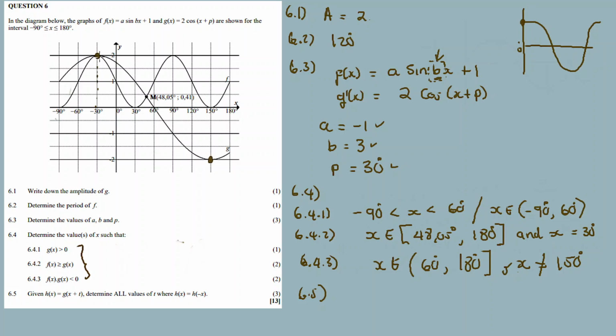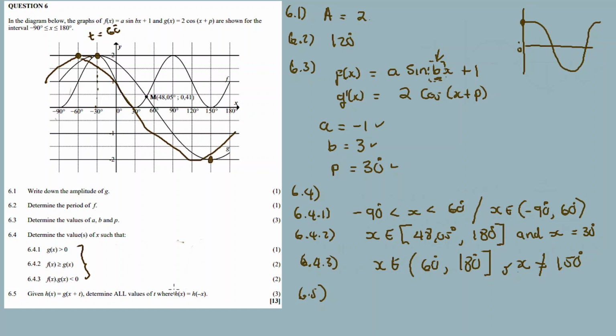Let's say by 30 units. I'm assuming, okay, my t is equal to 60 degrees. You shift by 30 degrees. So from here to here, the function will be something like this.